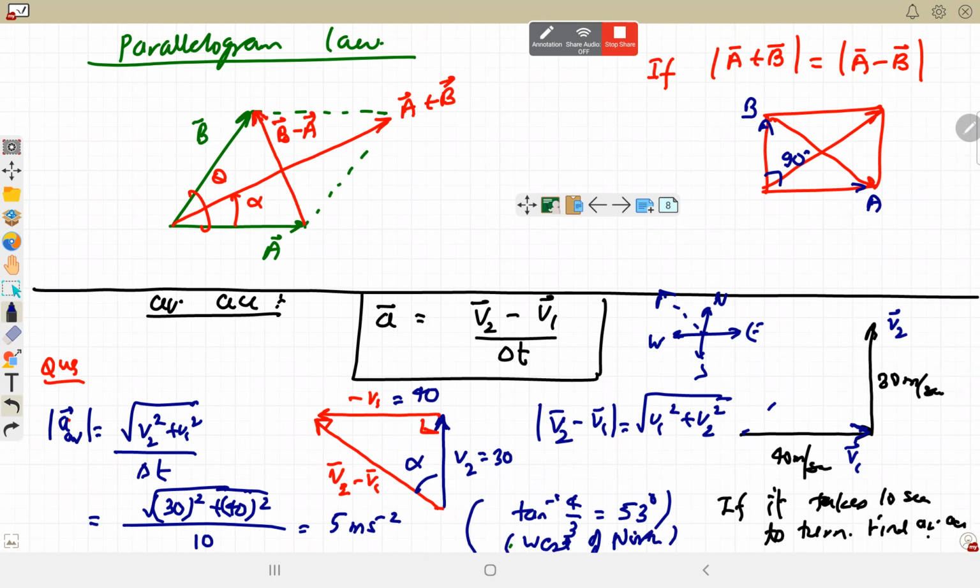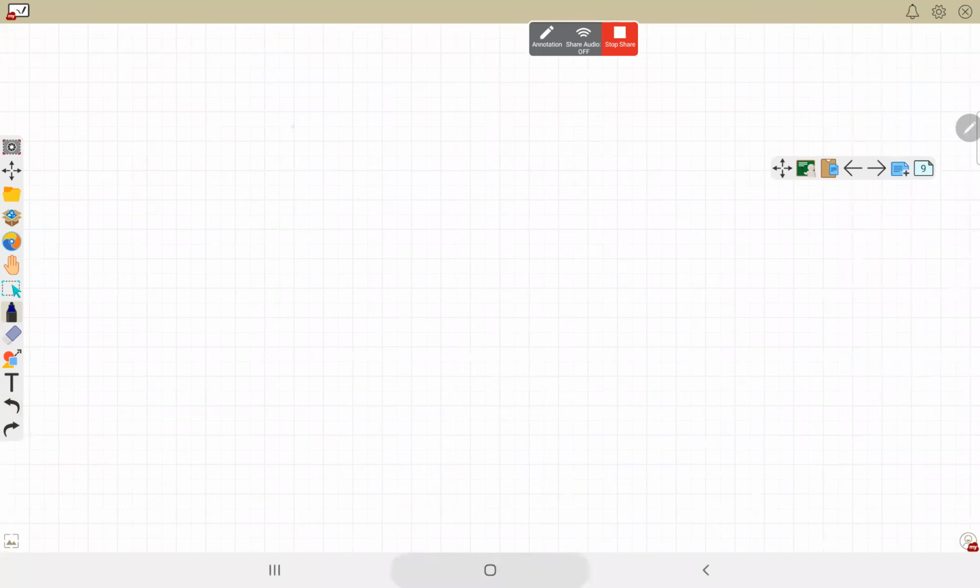Right, so acceleration is the change in velocity. For two dimensions, we have to use the vector method, either the triangle or the parallelogram, whichever way suits you. Parallelogram is a little faster. If we do it with the parallelogram, we have to make v2 minus v1, so we draw v2 and v1 from the same point first, and then we join the head of v1 to the head of v2.